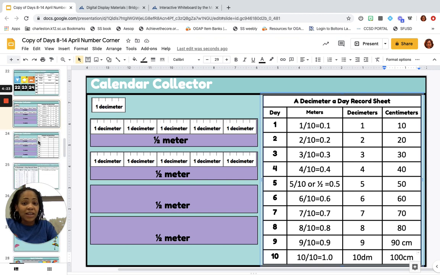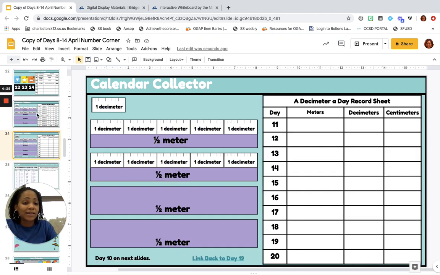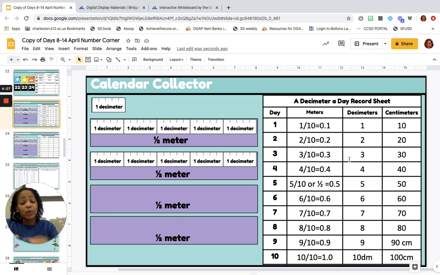What operation could I do every single time that's going to give me the correct answer? 1 to 10, 2 to 20, 3 to 30. And remember that every decimeter is 10 centimeters. So each time I'm multiplying by 10. Yeah, I'm multiplying by 10 each time.